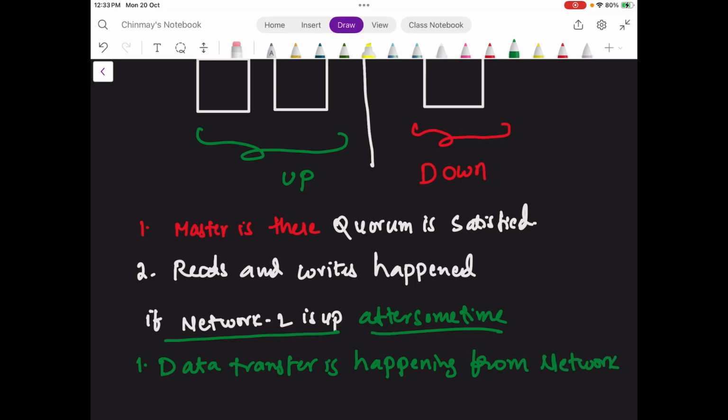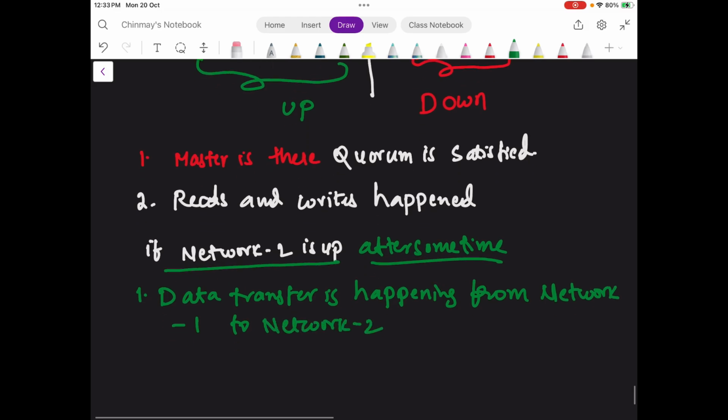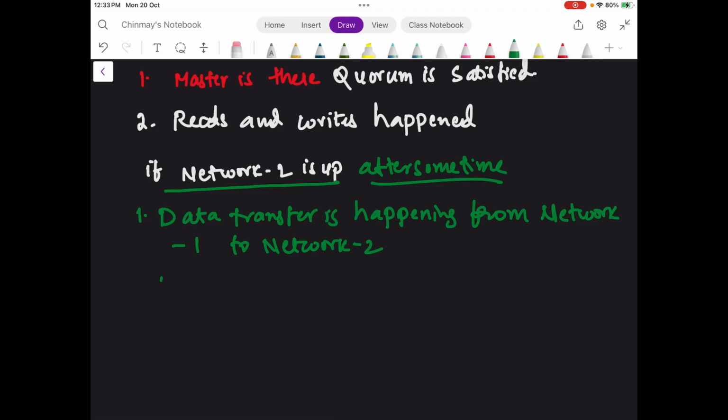Network 1 to network 2. That means from the network 1 master to the network 2 slave.